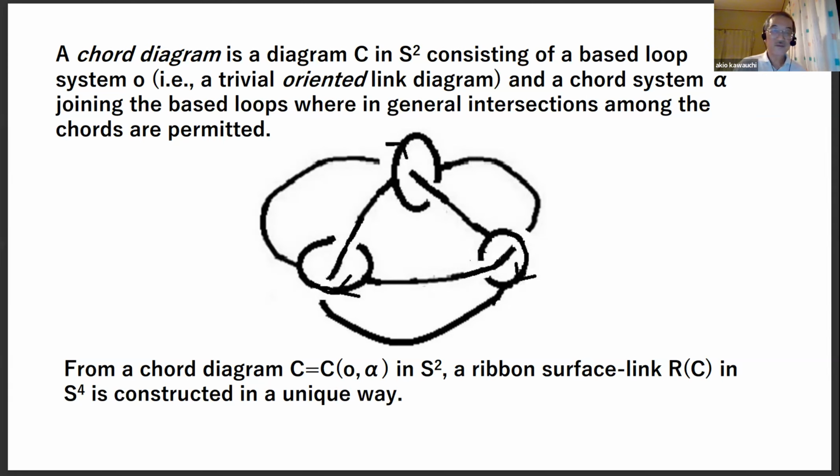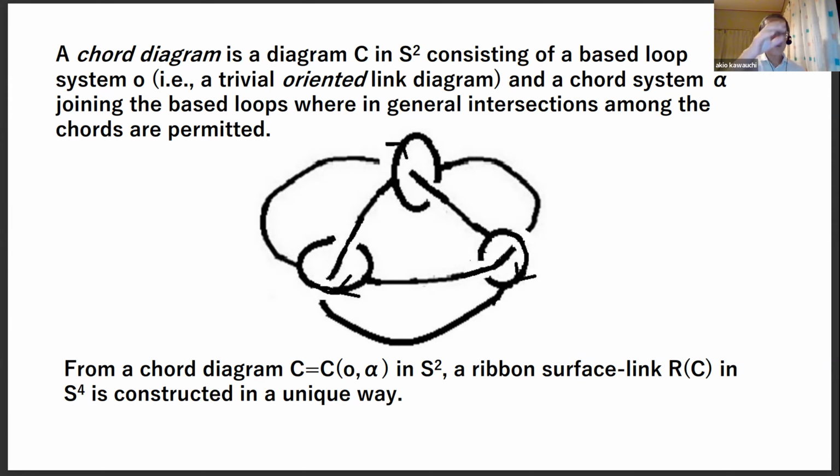How to get it? An oriented based loop in three-space, by coloring, is made into an annulus, and disks are put on the annulus, so that a two-sphere is obtained.